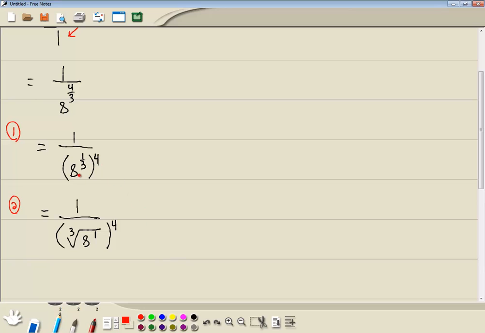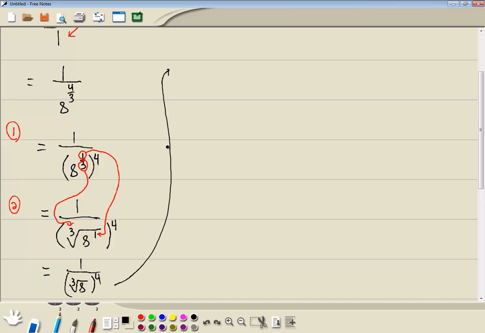Now how that works is whatever number's on the bottom here in your denominator, that's what goes in this slot. That's your index. And whatever number's up on top here is the power that goes right there. So then this is simply 1 over the cube root of 8, all that raised to the 4th power, or the denominator raised to the 4th power.